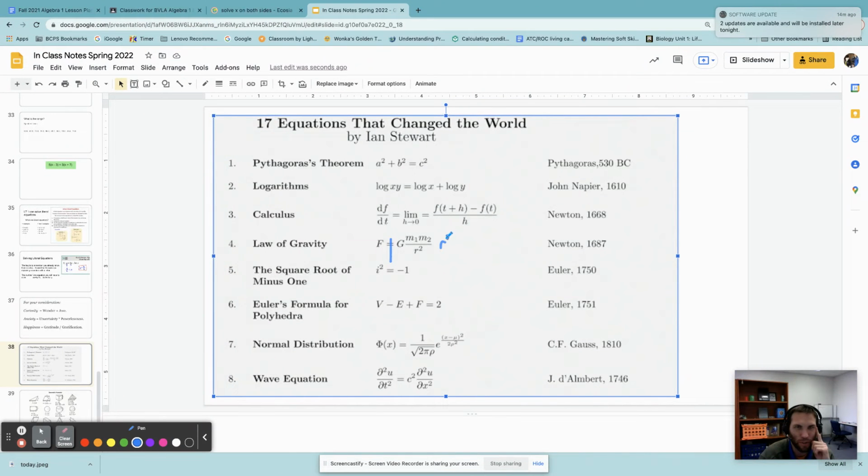So force times r squared equals the gravitational constant times mass 1 and mass 2. And then you can divide off G if you want to find mass 1 times mass 2.